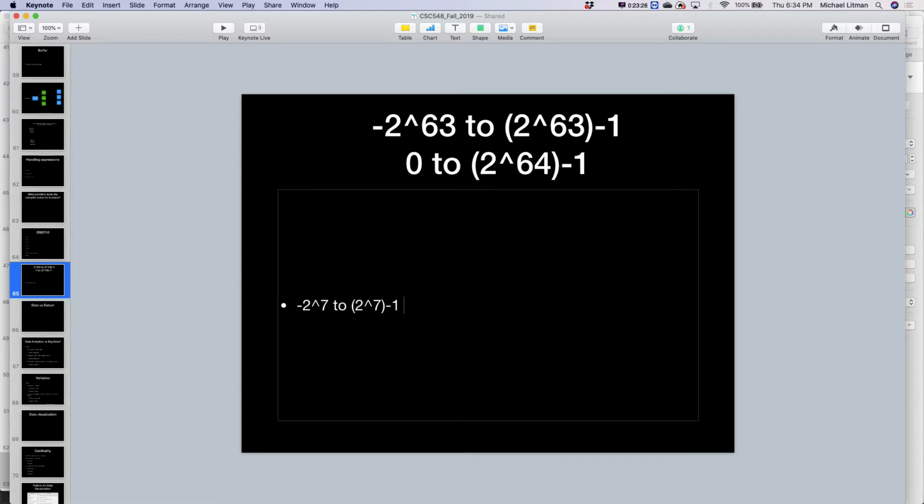So this is going to give us negative 128 to positive 127. As opposed to 0 to 2 to the 8th power minus 1, which is 0 to 255.